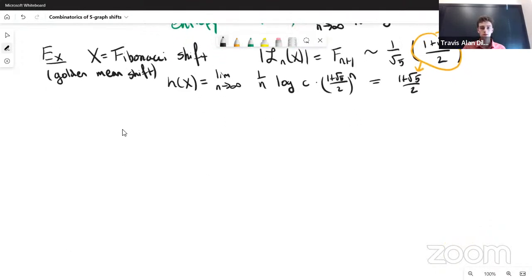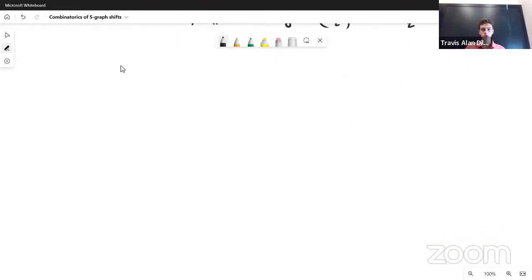One thing that you can do in particular in this and many areas is you can say, okay, studying shift spaces in full generality is a little difficult. Let's define a particular class of them and see what we can say about that.